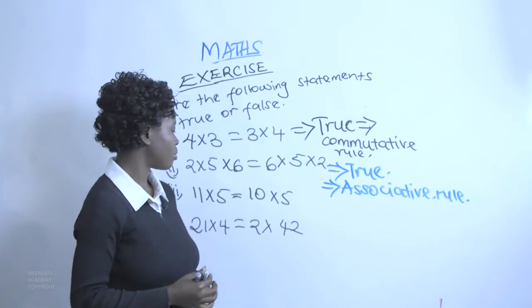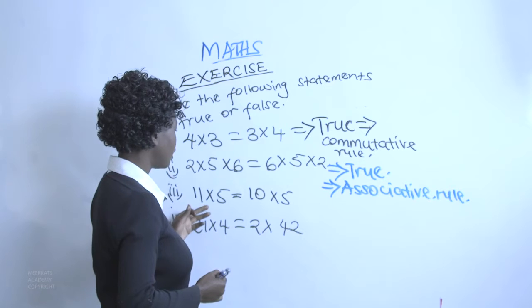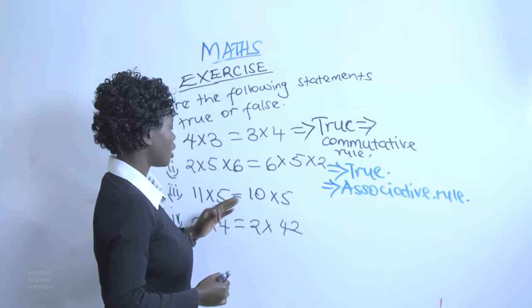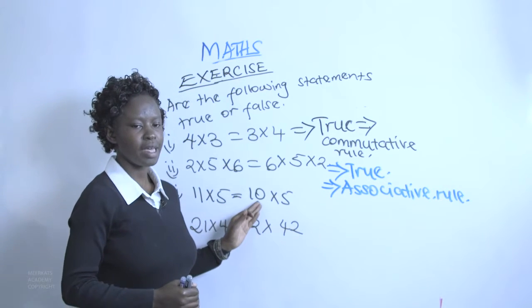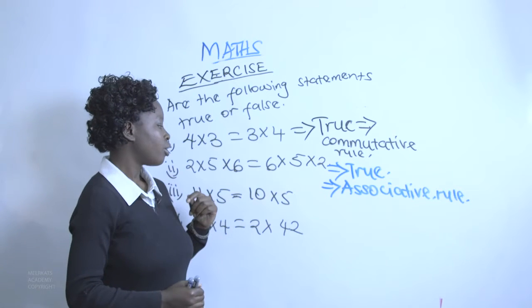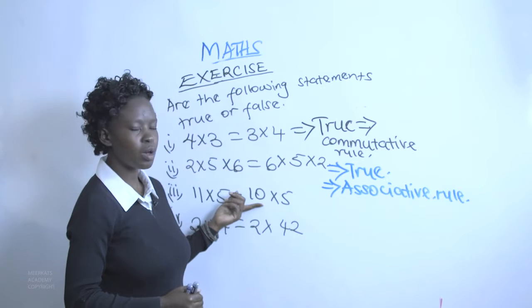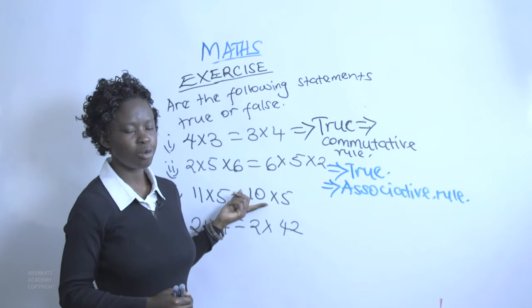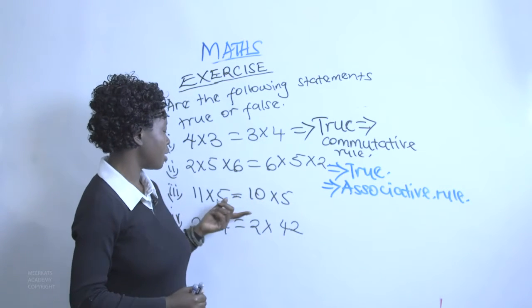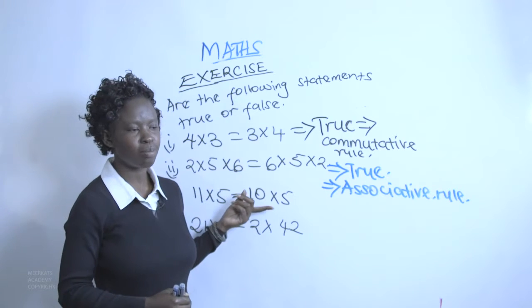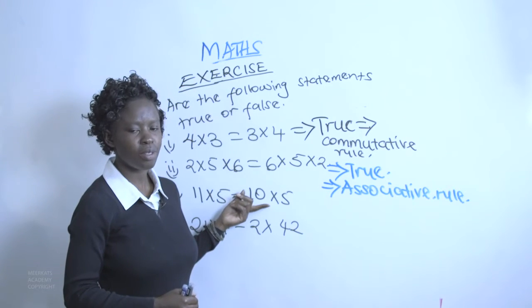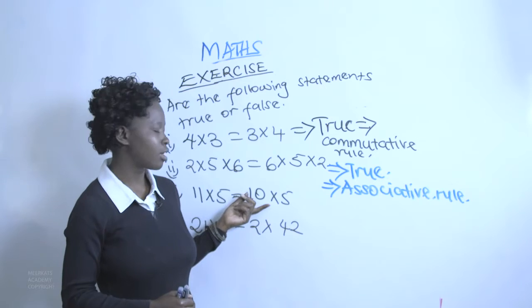Then the next statement we have is 11 times 5 is equal to 10 times 5. You discover that in this rule, they were trying to apply the distributive rule, whereby they were making the digit given to be a multiple of 10. Then after that, they were supposed to add or subtract a given number.